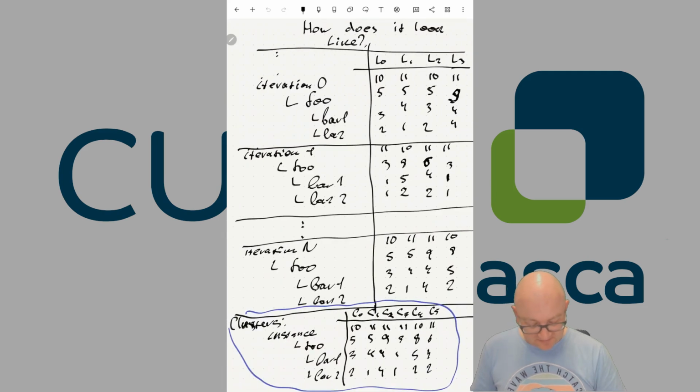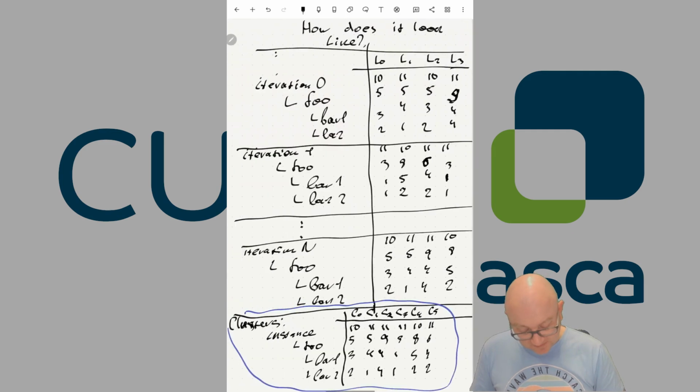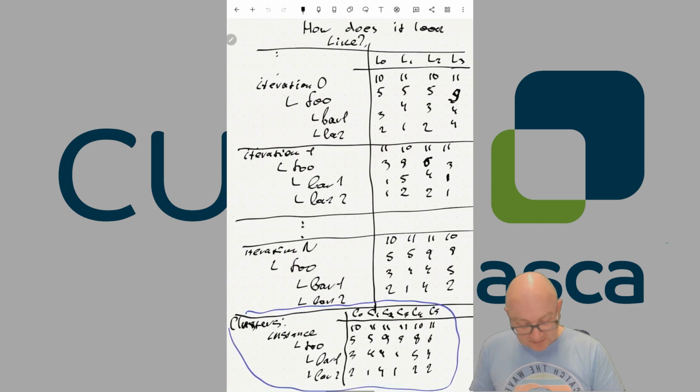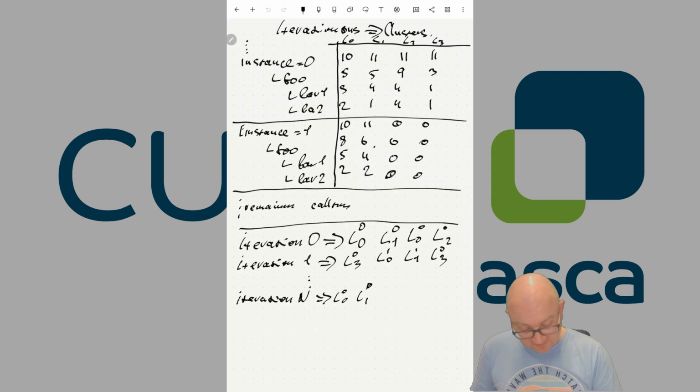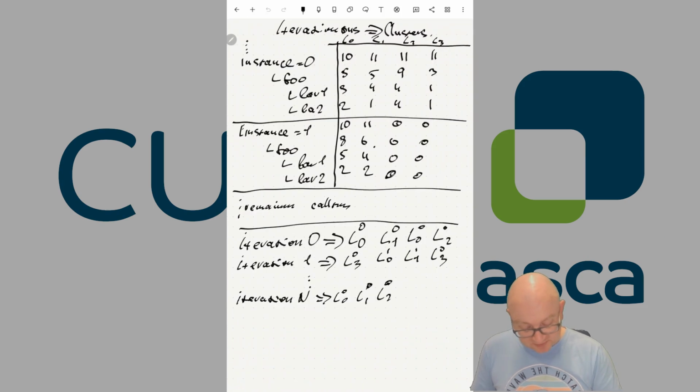So here is 10, 5, 3, 2, that is our L00, 11, 5, 4, 1, that is L01, our 11, 9, 4, 4, that is L02, and 10, 8, 5, 2 is actually location 1, 0.